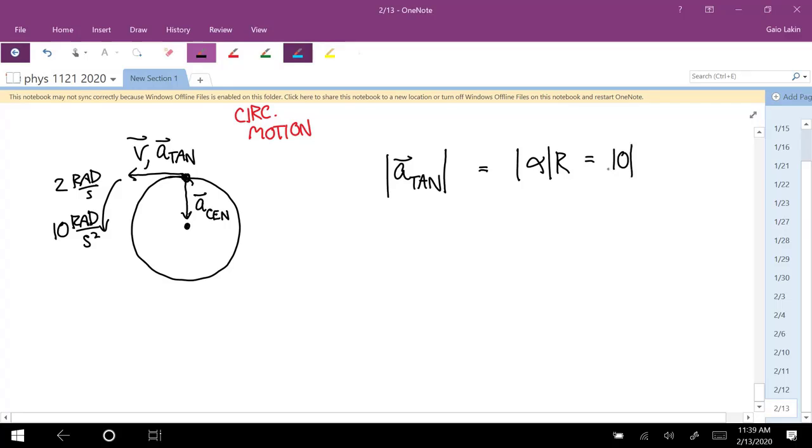So that's 10 times 0.5, so 5 meters per second squared. That's in the negative x direction. So the tangential acceleration vector is -5, 0.